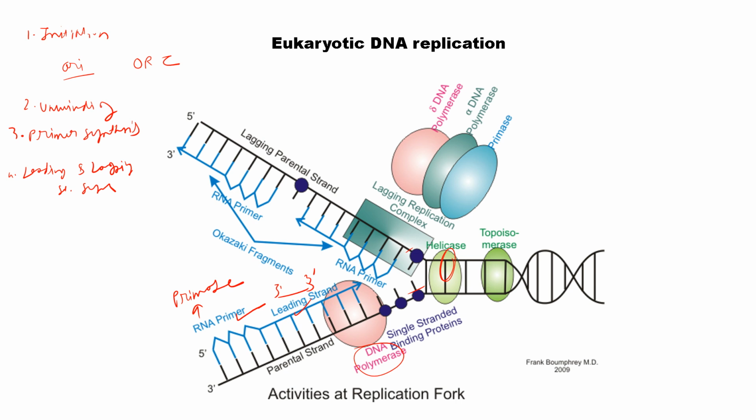As the DNA helix unwinds, one new strand called the leading strand is synthesized continuously in the 5' to 3' direction towards the replication fork. The other strand, the lagging strand, is synthesized discontinuously in short fragments called Okazaki fragments.